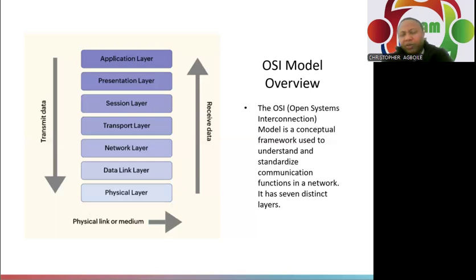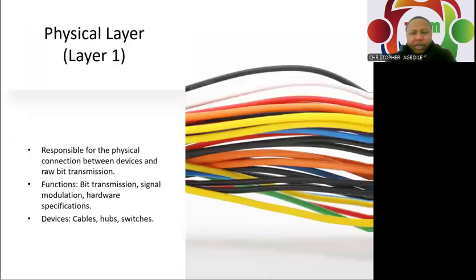The OSI model has 7 distinct layers, and each of them is responsible for specific tasks in data transmission between devices. So, like I said, the physical layer is layer 1.